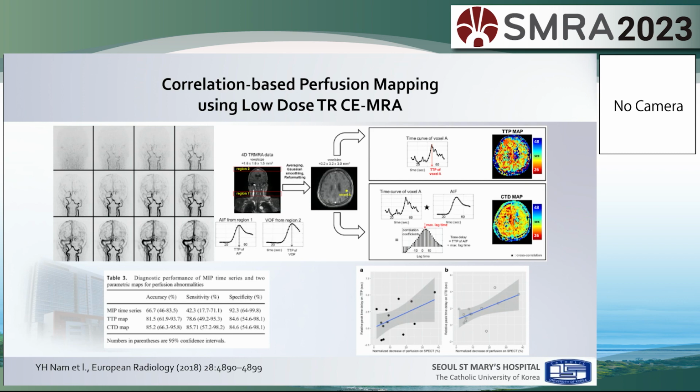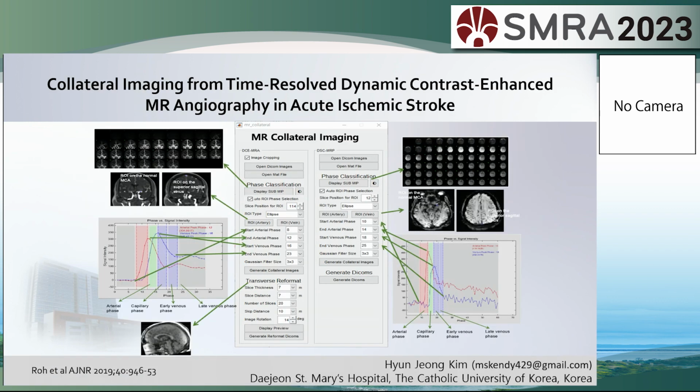But it was quite a good correlation with the perfusion image, but it is still in progress because it takes time with an offline generation of this process. But another, Dr. Hyun-Jung Kim from our team, has made a very good effort to utilize the time-resolved MR angiography to get a collateral map.